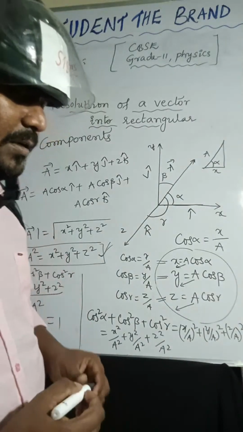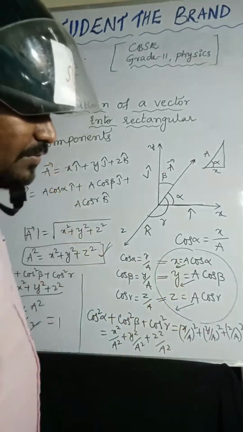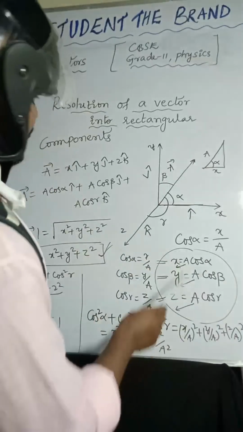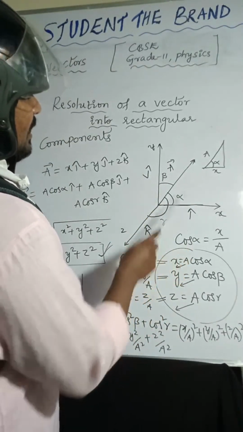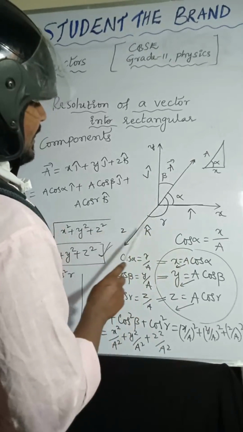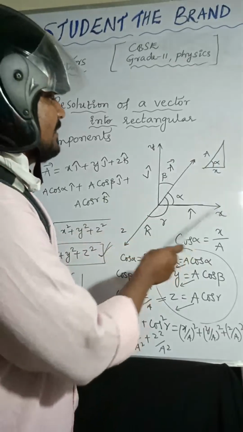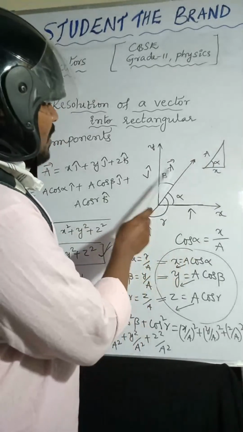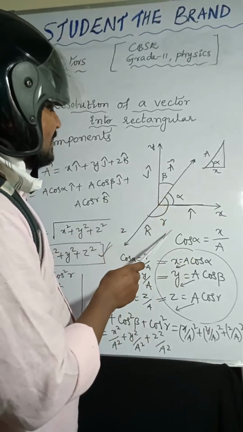Okay, so now once again you can observe. Here x-axis, y-axis, z-axis, along x-axis i cap, along y-axis j cap, along z-axis k cap. So a bar makes angle alpha with x-axis, beta with y-axis, gamma with z-axis.